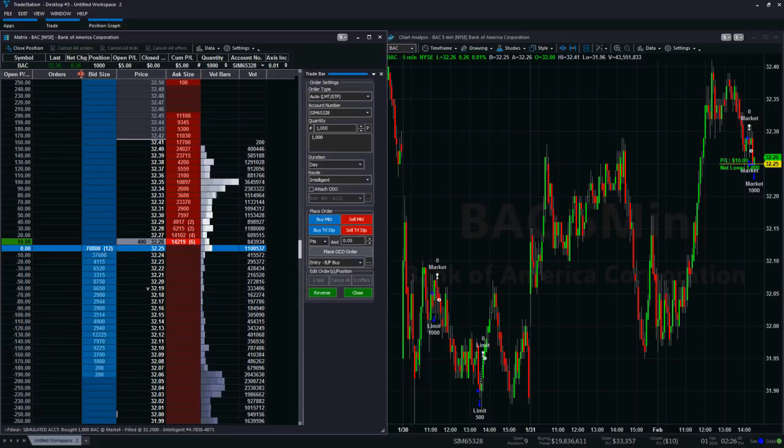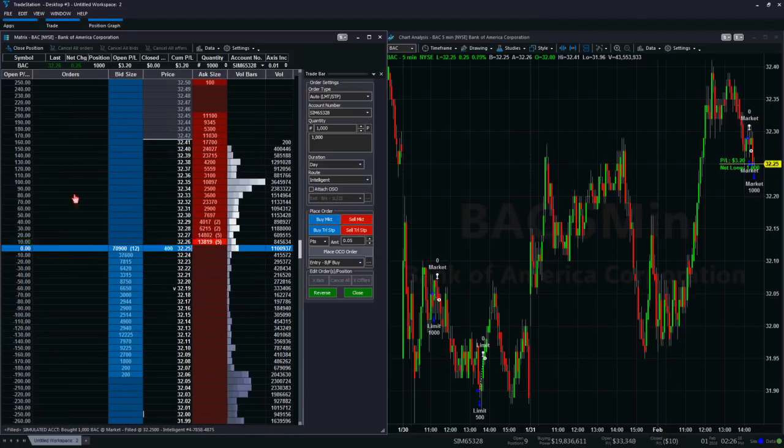Let me just open this order column so you can see more. Okay, so I can put my cursor on the negative 100. Take a look. It says sell 1,000 stop market. So by clicking on a dollar amount, in this case a negative $100, I'm submitting a stop. Quick way to submit a stop by just clicking on the negative amount.